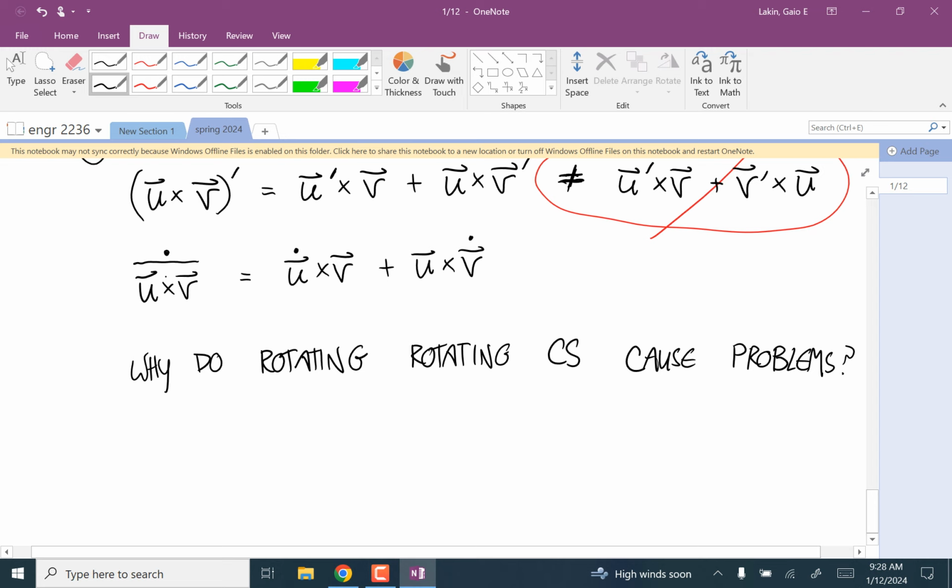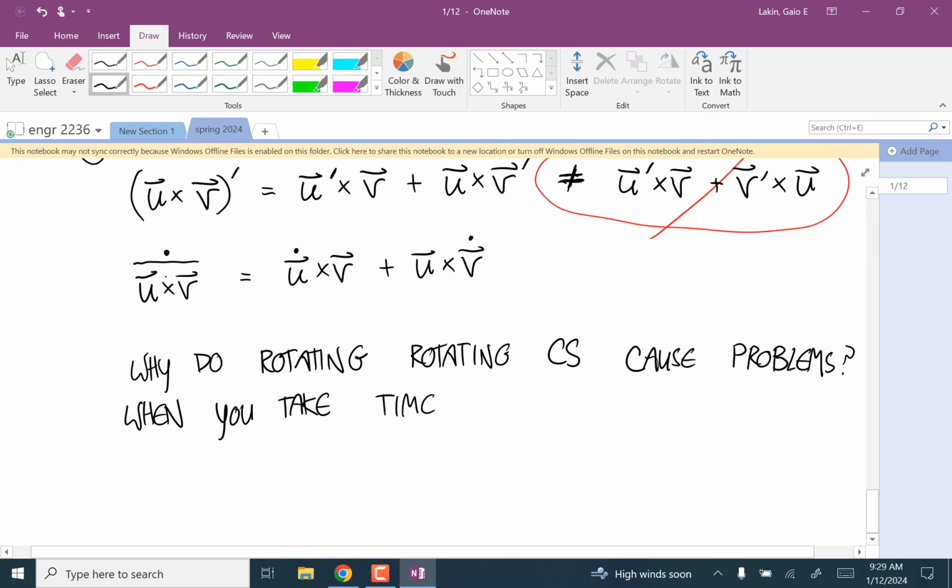And the answer is when you take derivatives, any kind of derivatives, for us it's time derivatives, let's just think of the time derivatives.